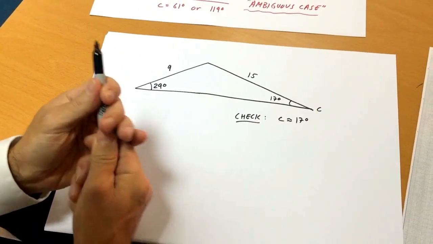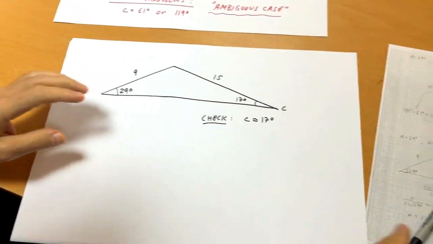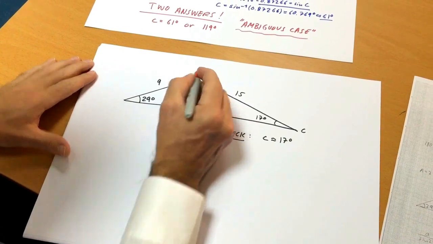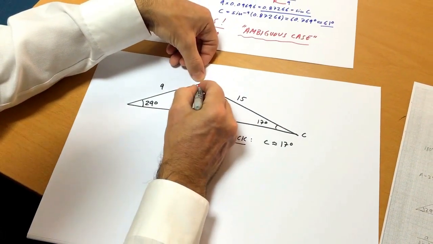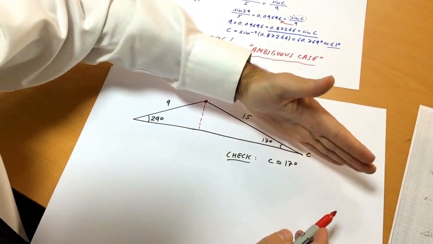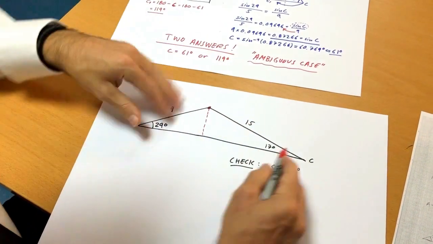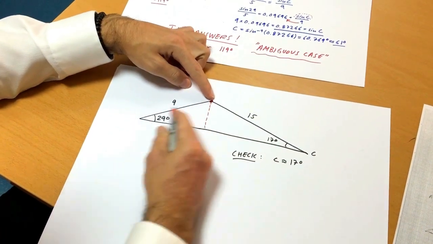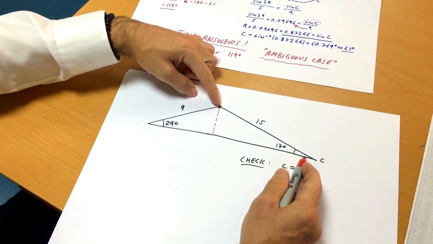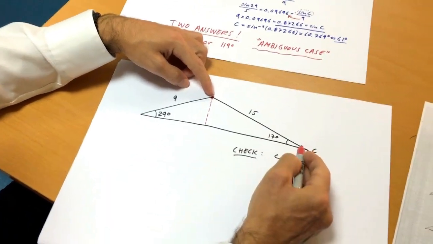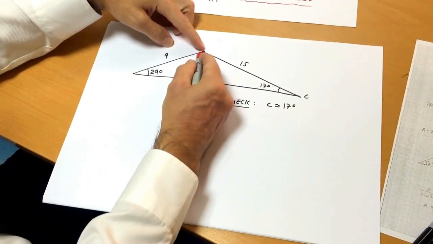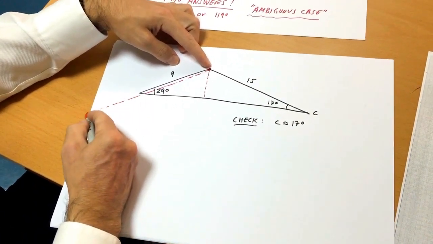The basic message, however, is that here there is only one answer, because if I have my little pivot up here, at the top of the triangle, and I'm using this as my wooden rod, and I let it swing over to the other side, because 15 is longer than 9, this 15 will never come down to the base again. It will come up somewhere here.